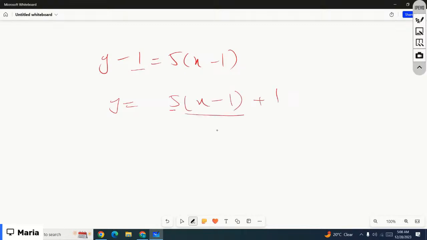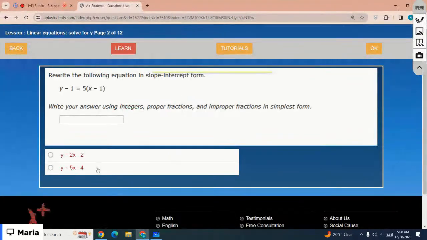Now multiply everything inside the bracket with 5, so that is 5x minus 5 plus 1. Minus 5 plus 1 makes negative 4. So the correct option is y equals 5x minus 4. Got it? That is the second option.